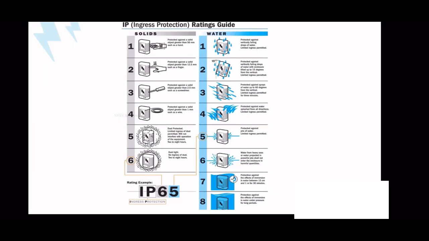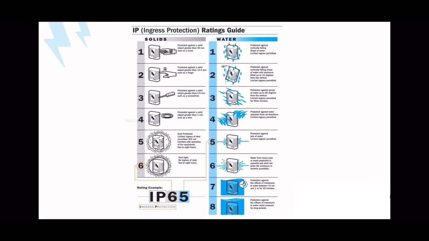Okay, then about the rating, that means it is ingress protection. For selection of the panel, you have to consider the industrial conditions, and after that you need to fix the ingress protection rating. You can see in the solid case and in the water case, like waterproofing and dust particles, you can choose the devices by using this number. Here there is an example, IP65.